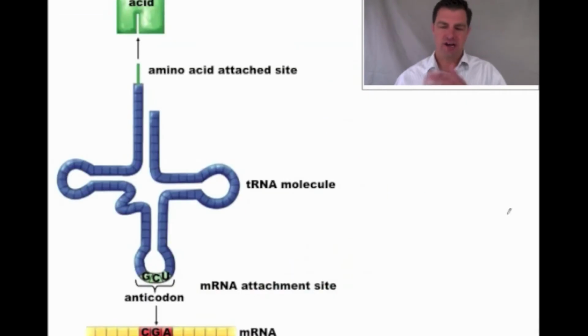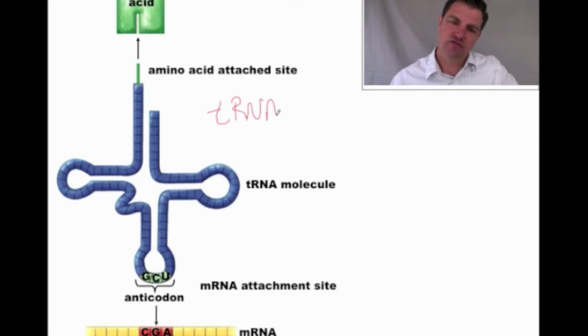The next thing we need to talk about is this other molecule called a tRNA. The tRNA stands for transfer RNA. And transfer RNA is, once again, an RNA molecule that you see there folded up.